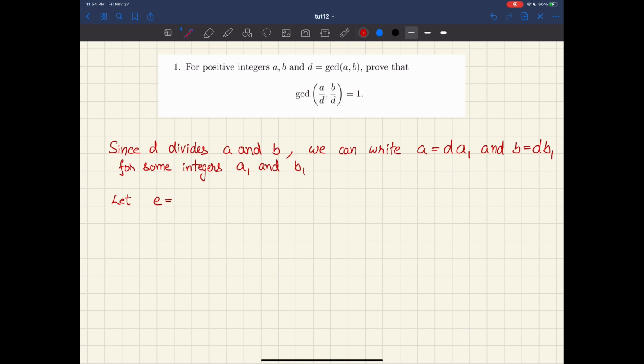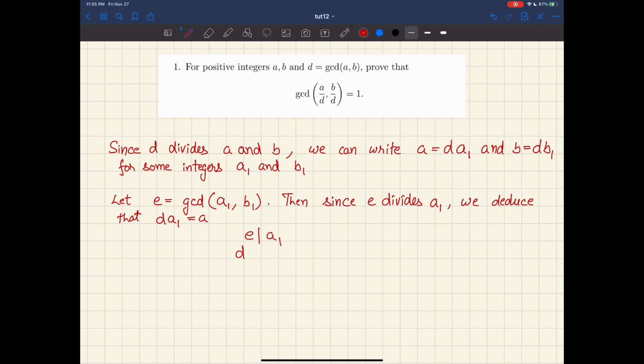Now let e be the GCD of a1 and b1. Since e divides a1, we can deduce that d times e would divide d times a1. Here we are just multiplying d on both sides.